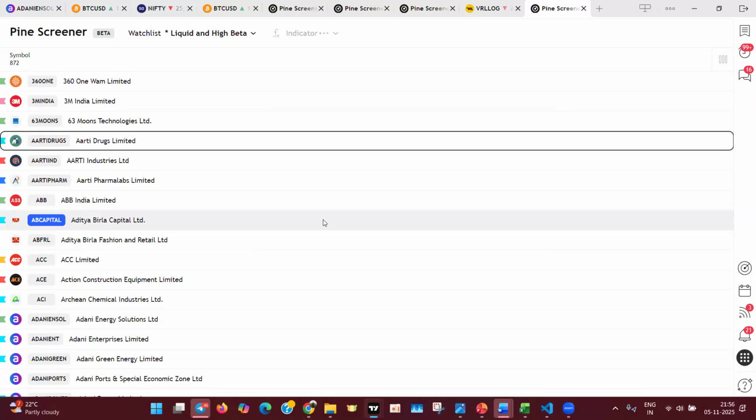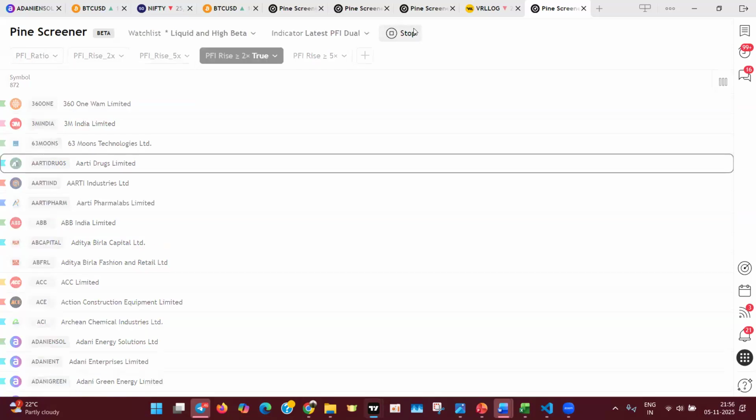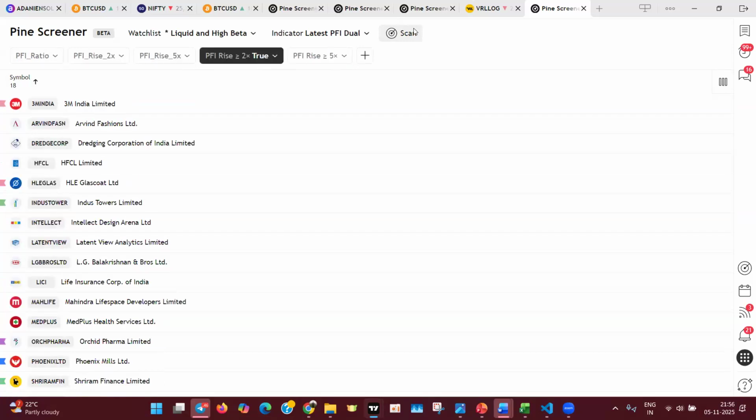I have already developed the indicator, but these conditions, PFI is more than 2. So this screener is developed. I have not tested it till now.